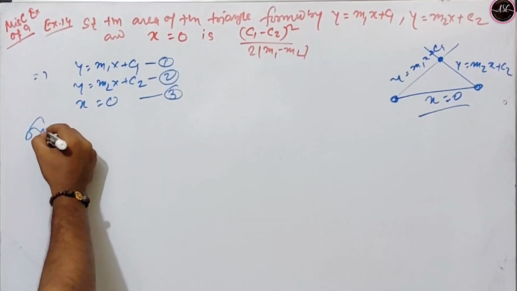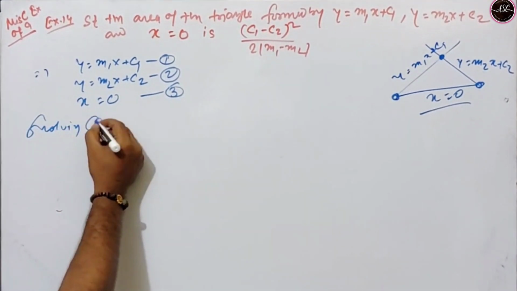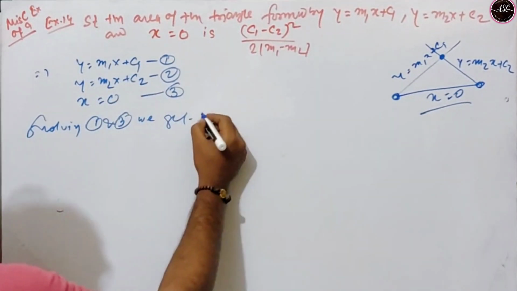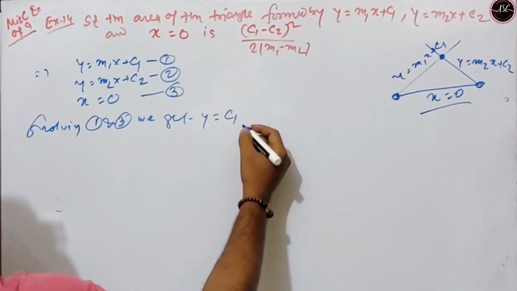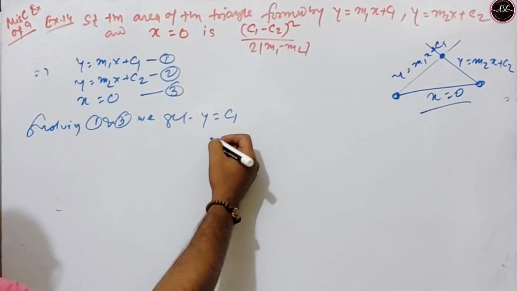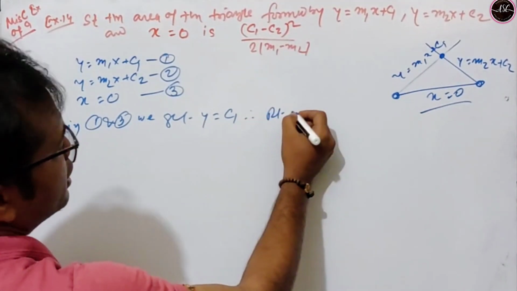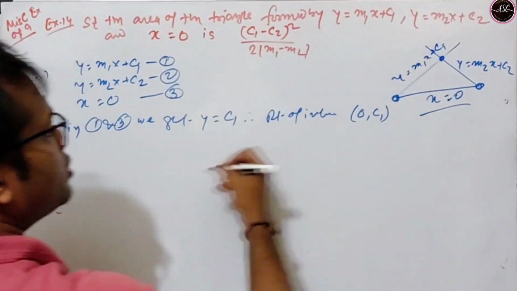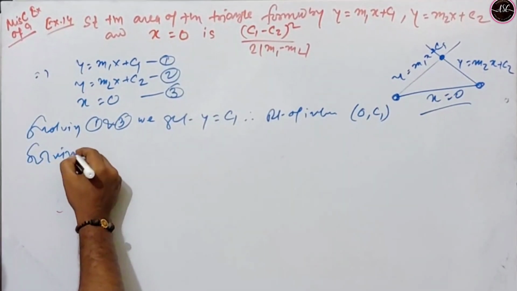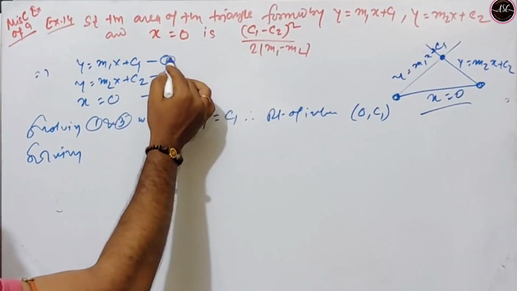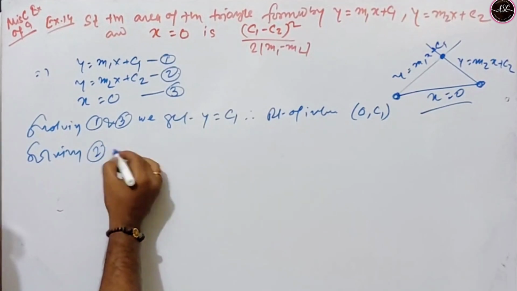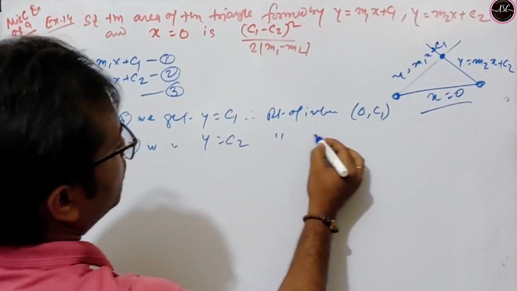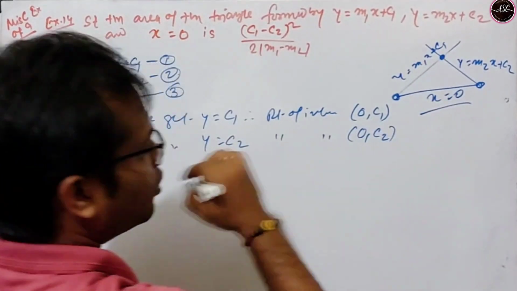Solving 1 and 3, we get x equal to 0, that means y equal to c1, so the point of intersection is (0, c1). Solving 2 and 3, we get y equal to c2, so the point of intersection is (0, c2).